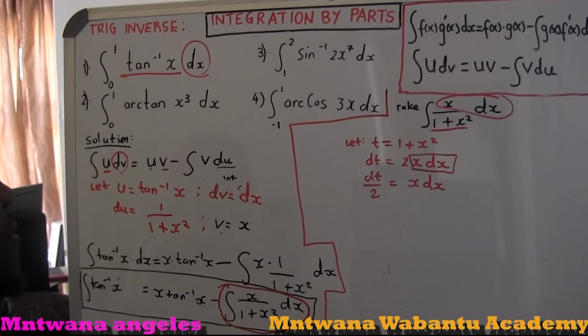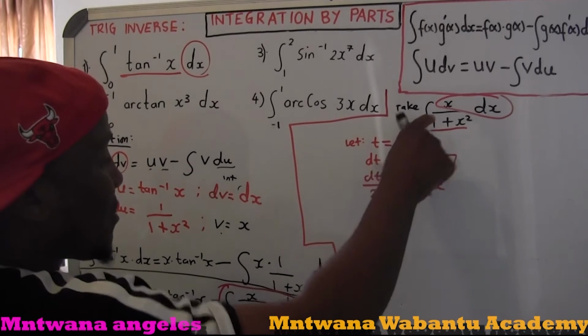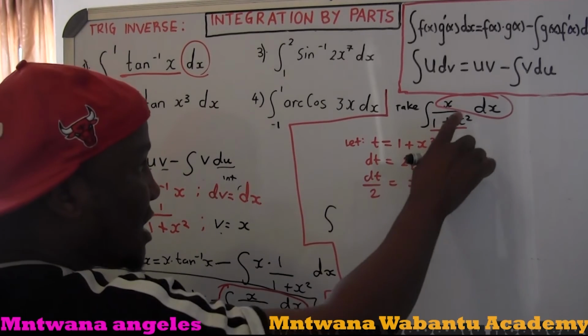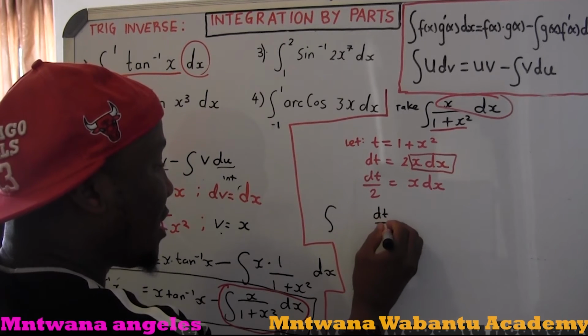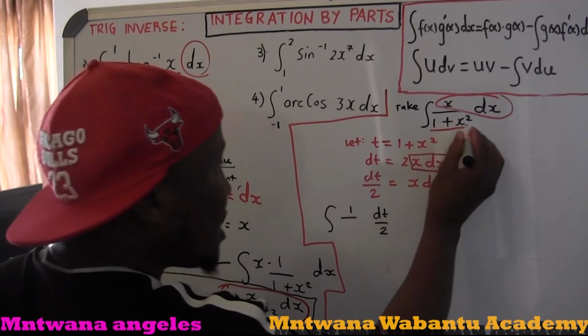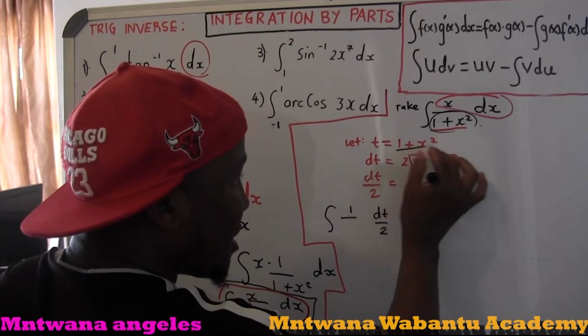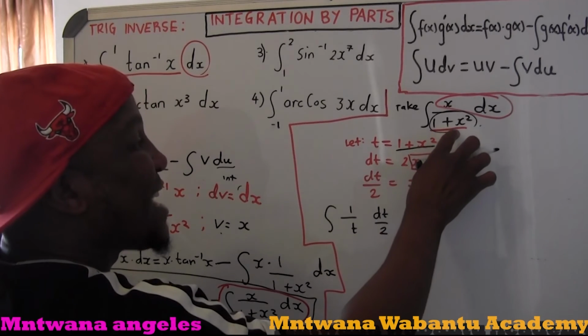So I'm going to replace x dx with dt over 2. So that's going to become the integral, instead of x dx it's dt over 2, and then 1 over this stuff here, which equals t, so over t because it's in the denominator.